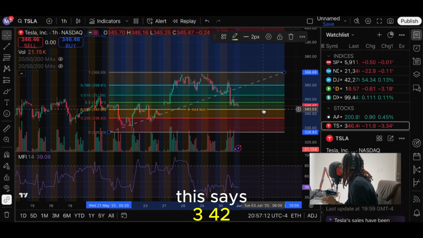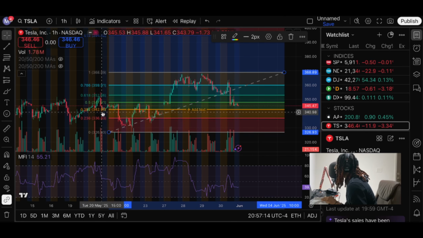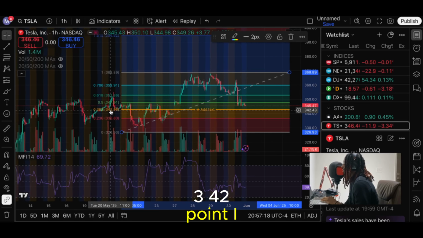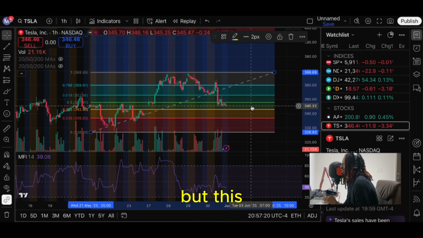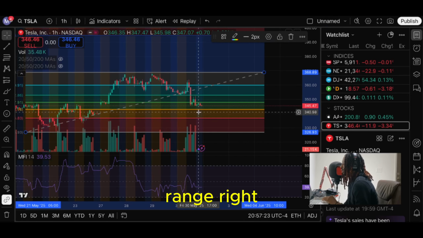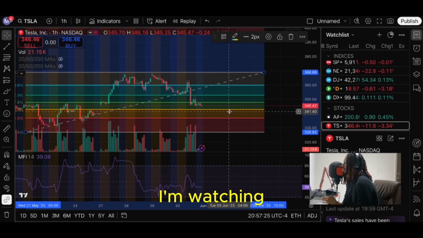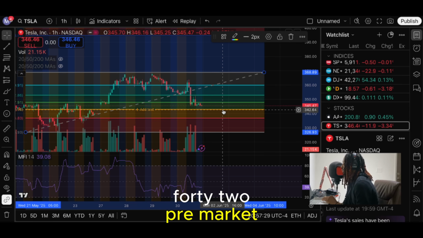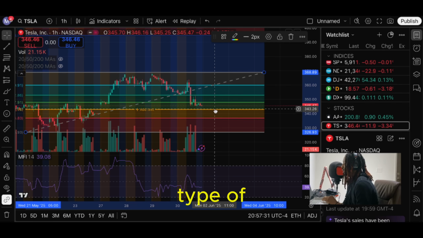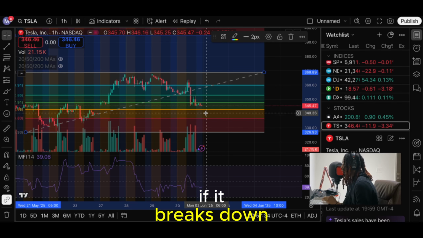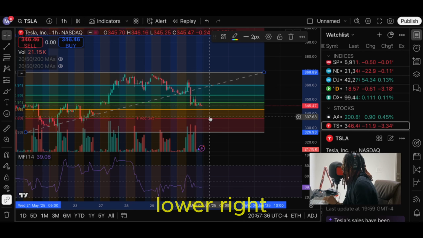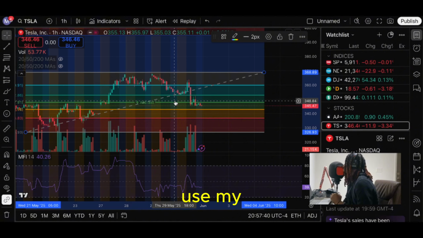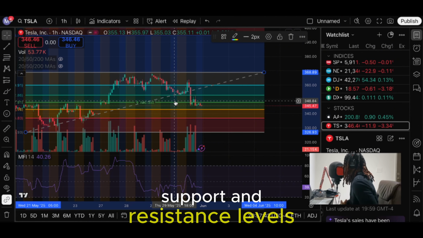I can't really see that, but this 342.45 range right here, it comes back down in here. I'm watching that. So if it sells off down to 342 pre-market, I'm looking for some type of reversal. Or if it breaks down, it can go even lower, right? So that's how I would use my Fibonacci retracement to build support and resistance levels.